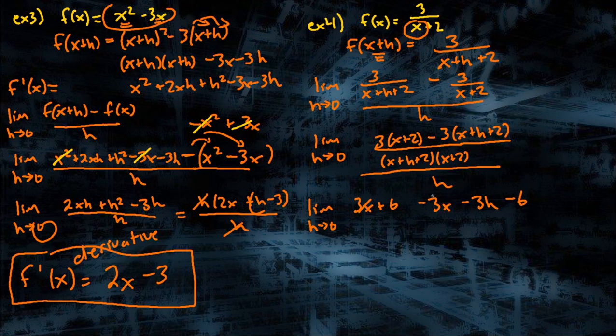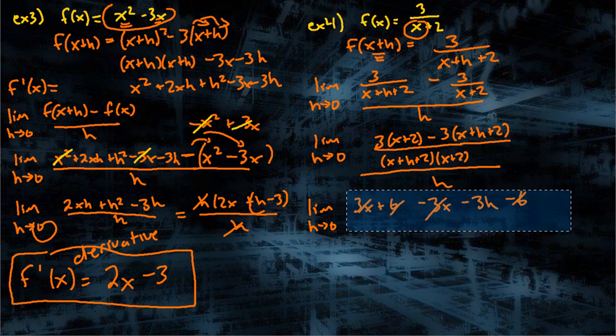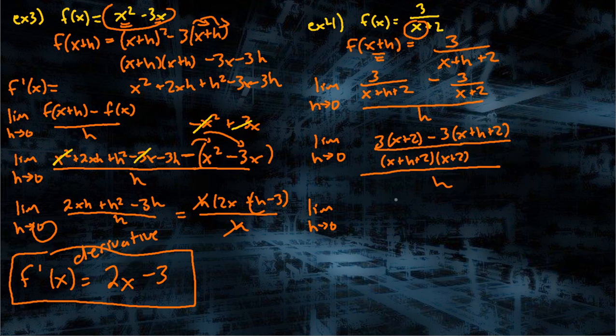What does that become? Those cancel, and those cancel, so minus 3h, all over x plus h plus 2, x plus 2, all over h.